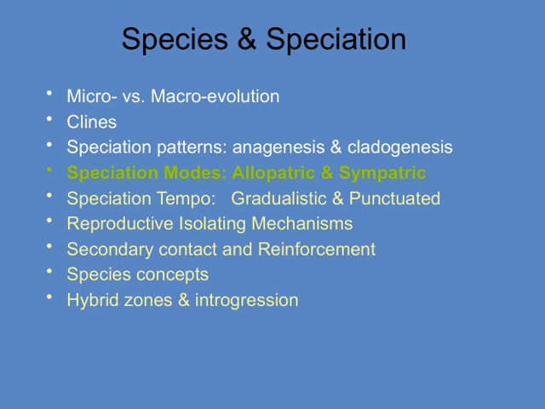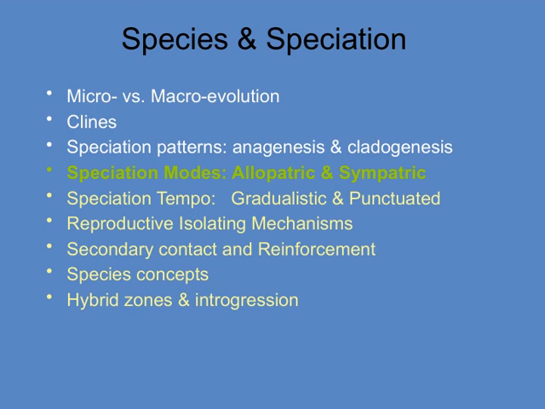In contrast, sympatric speciation happens without physical barriers, often through ecological or behavioral differences within the same area. Now, the tempo of speciation can be gradualistic, meaning changes occur slowly over time, or punctuated, where new species appear relatively suddenly after long periods of stability.